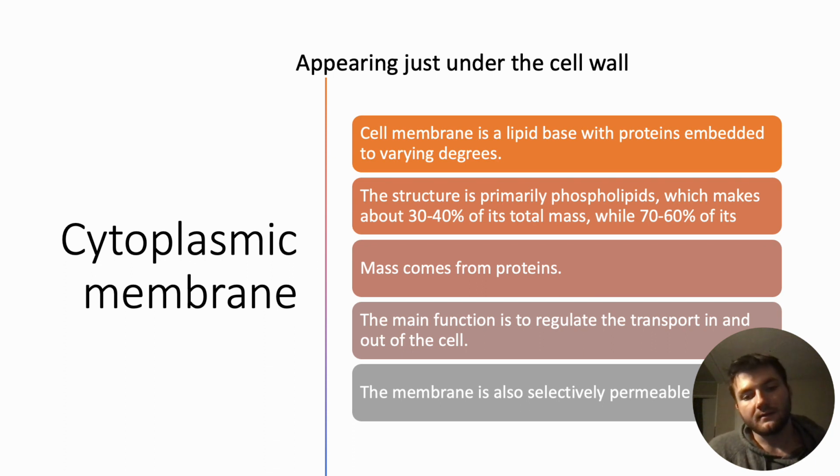And lastly, the last thing that we're going to talk about is the cytoplasmic membrane. The cytoplasmic membrane appears just under the cell wall. The cell membrane is a lipid base with proteins embedded to varying degrees.